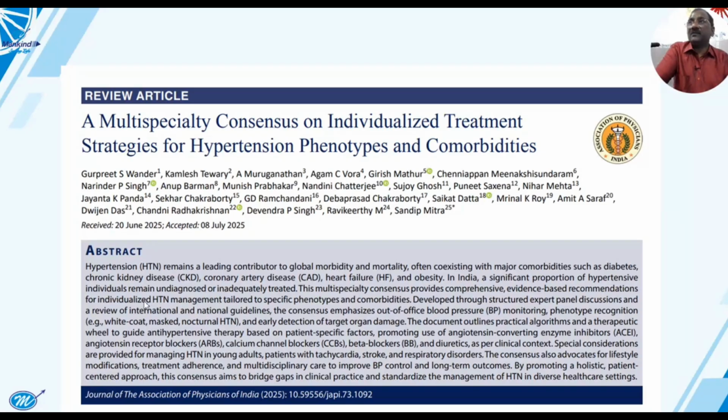Even in this era, with BMWs or BYDs or your Android phones, still most of the hypertensives in India remain undiagnosed. We are doing a lot of harm to society by not diagnosing the hypertensives. They remain undiagnosed or inadequately treated, undertreated or untreated. So this is a big remark from our Indian data.